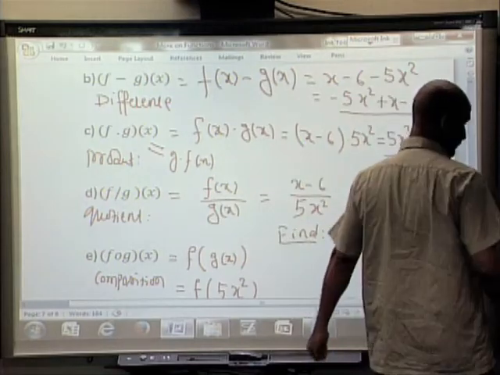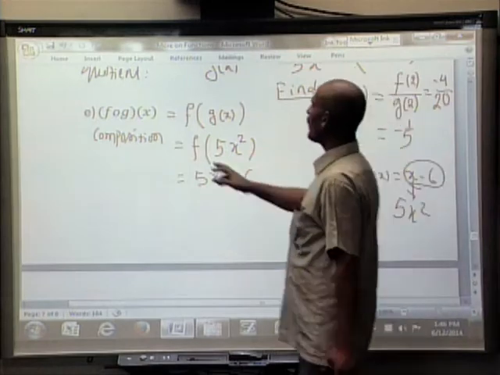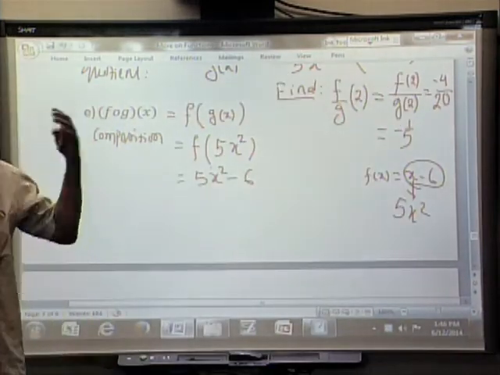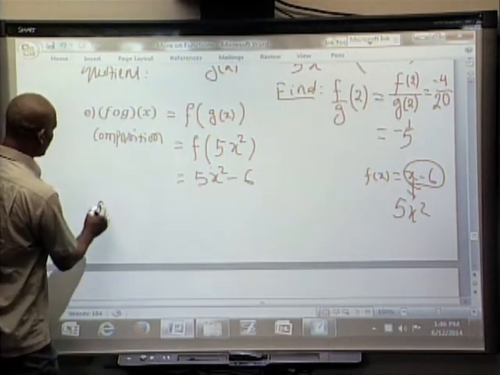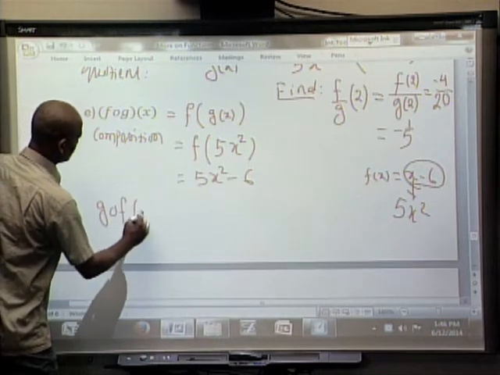However, in the case of composition, if I switch the order of the two functions, we will get a completely different function. Let's see in this example. Suppose I want to find g o f of x.